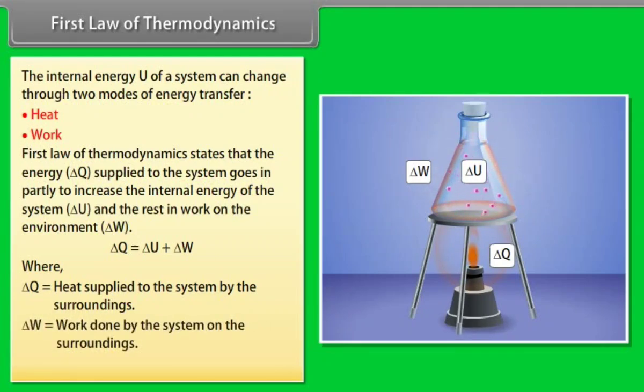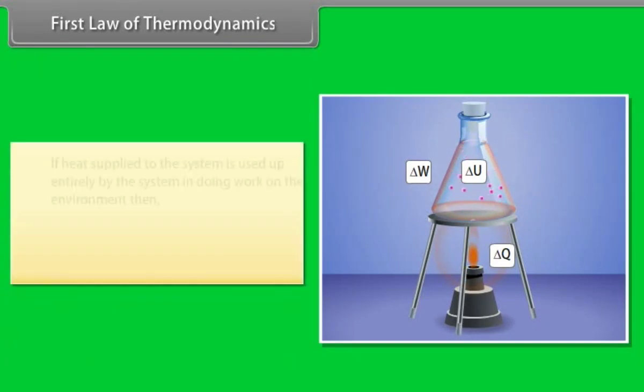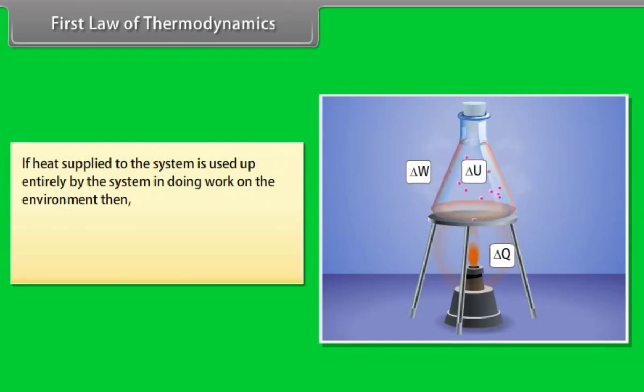Delta W is equal to work done by the system on the surroundings. Delta U is equal to change in internal energy of the system. If heat supplied to the system is used up entirely by the system in doing work on the environment, then delta U is equal to 0. It gives delta Q is equal to delta W.